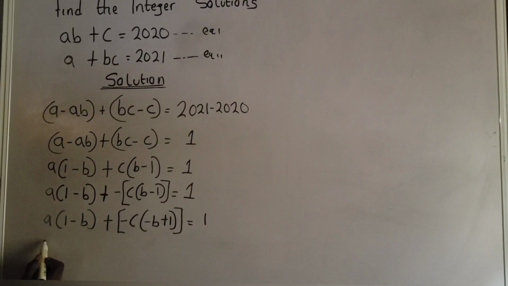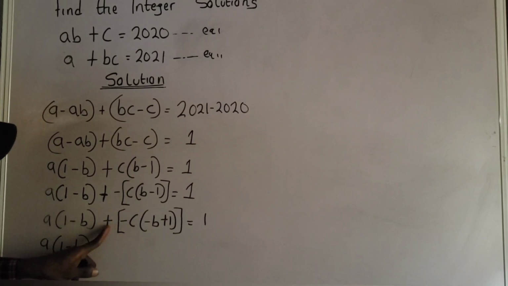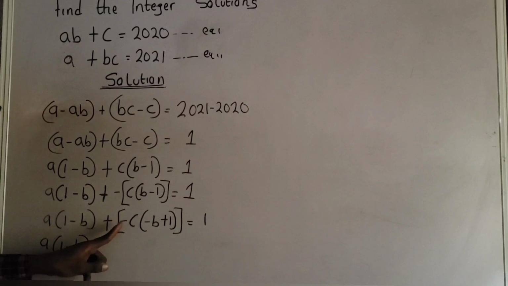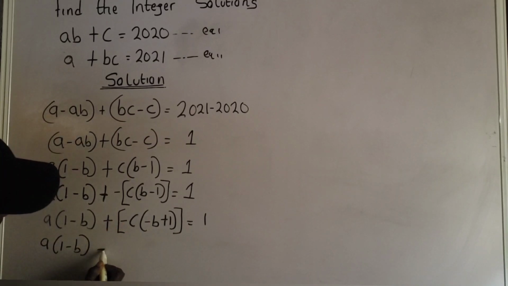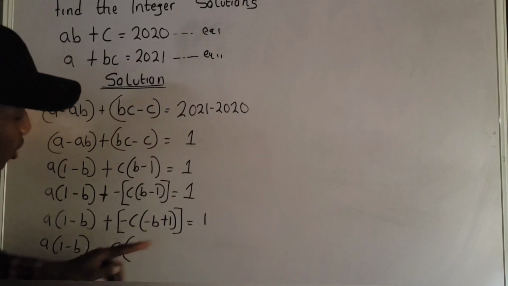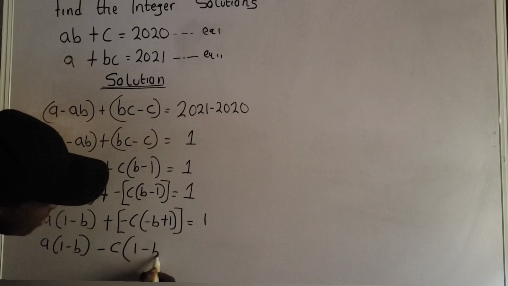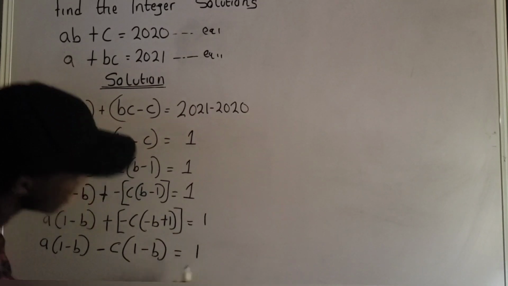Let's proceed. I'm going to have A(1 - B). Now I want to open this bracket: plus multiplied by minus gives -C(-B + 1), and -B + 1 is the same thing as 1 - B. So -C(1 - B) = 1. Have you seen?